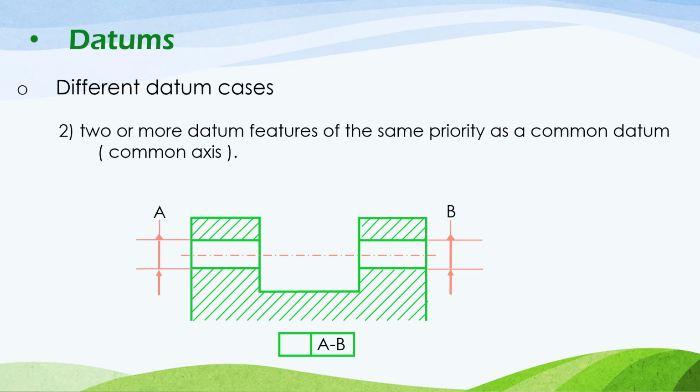And for this type of datums, we refer to it by this annotation here. Here we type the features we have and we separate between them by the hyphen symbol, as you see. So if we have two datum features or three or four datum features, for example, we will type them in the same box, but we separate between them by the hyphen symbol. And this is to express the datum features with the same priority.